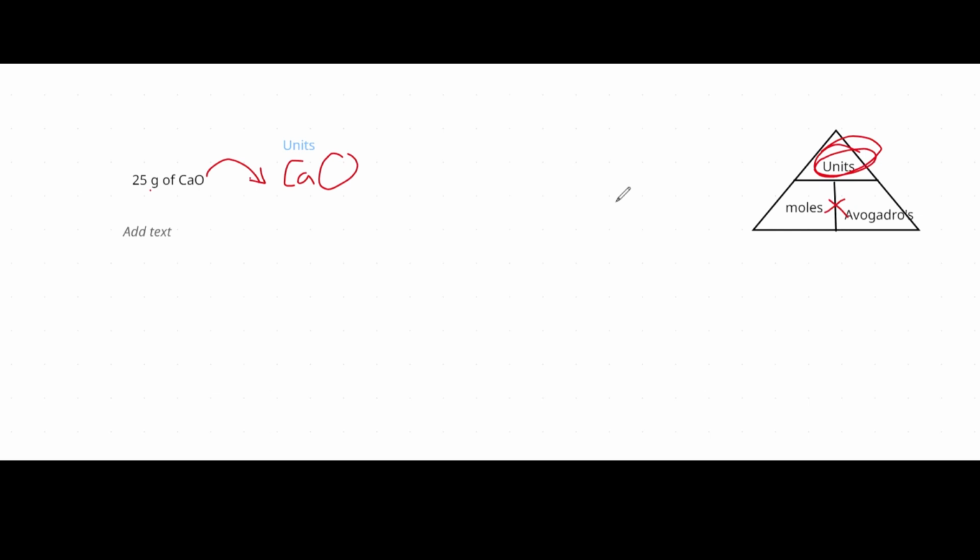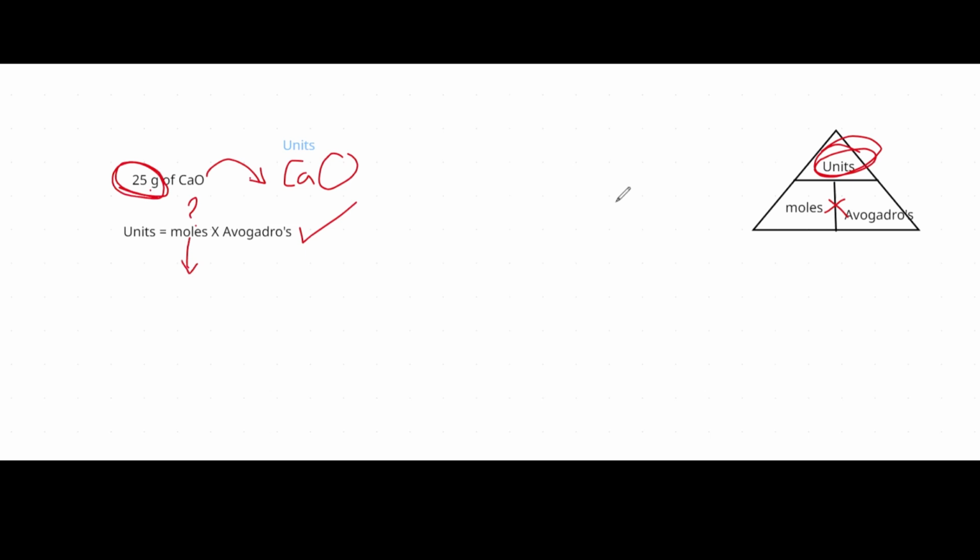Okay, so what we have now, Avogadro's number is known, but for us now, the moles are unknown. We don't have the mole, we have the mass. Then we have to calculate the moles in terms of mass to get the unit.